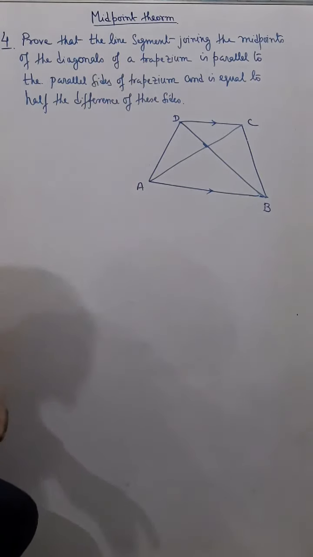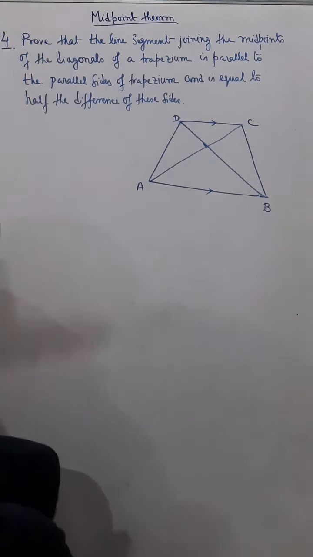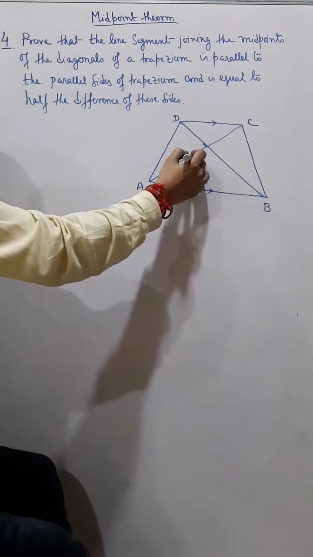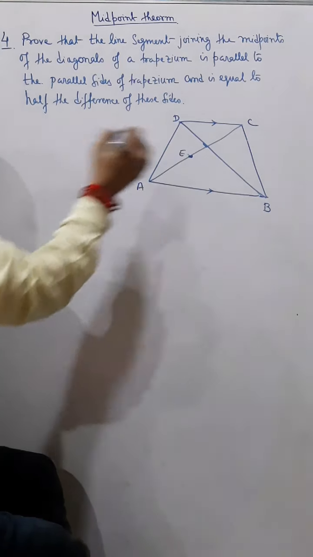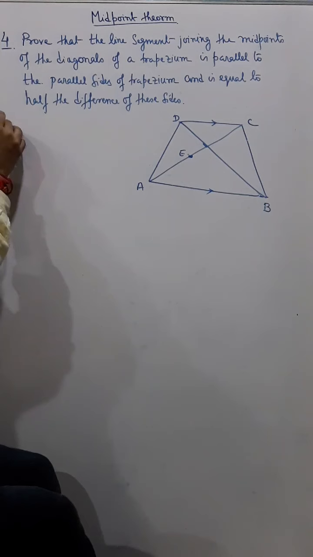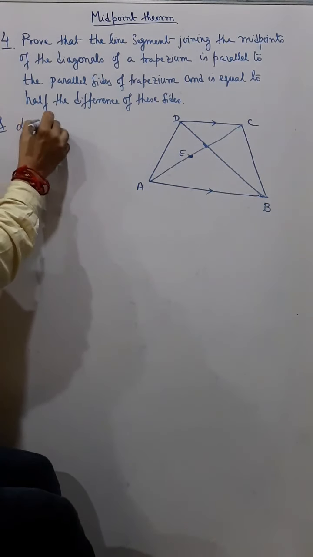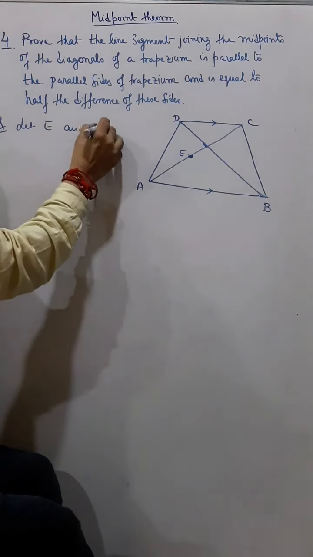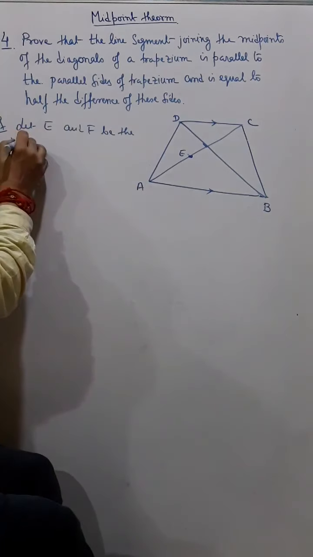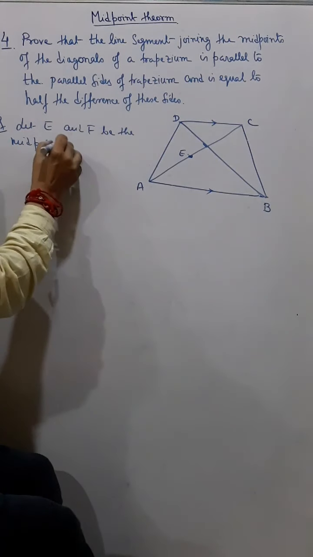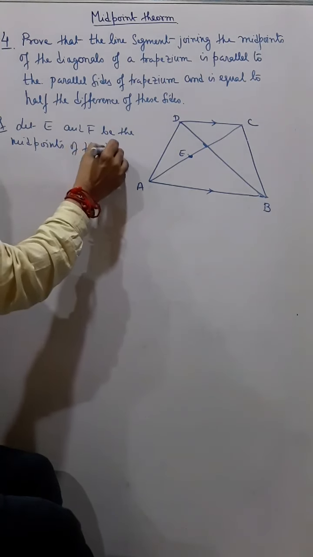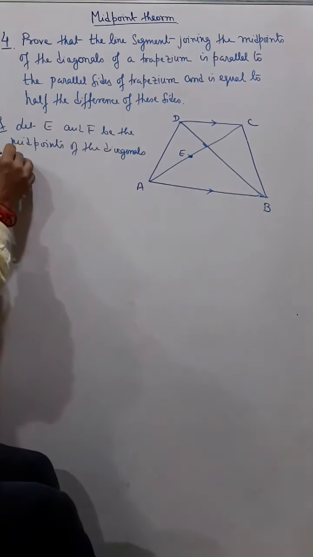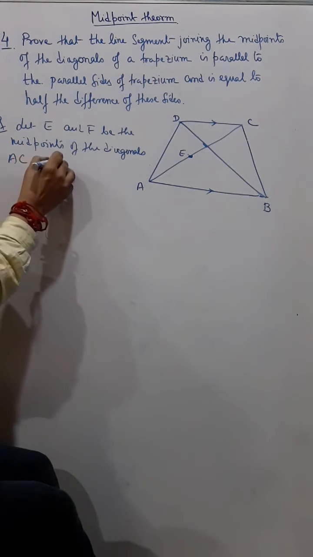Now they told us to prove that the line segment joining the midpoints of the diagonals of a trapezium... Okay, so for the proof, let E and F be the midpoints of the diagonals AC and BD respectively.